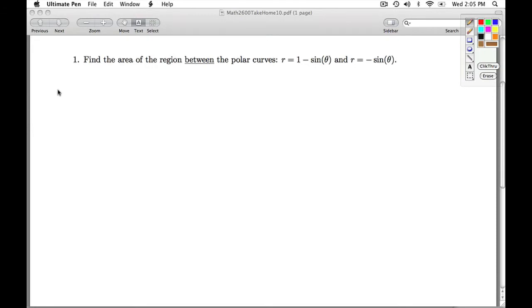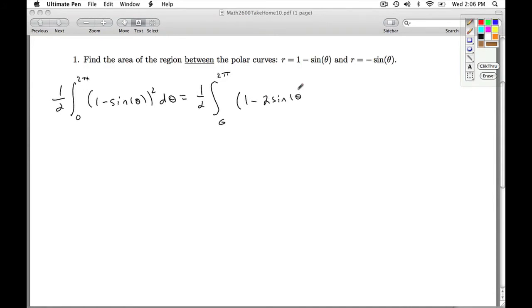So let's look at this integral: 1/2 integral 0 to 2 pi, (1 minus sine theta) quantity squared d theta. The first thing I need to do is expand the inside: 1 minus 2 sine theta plus sine squared theta d theta.